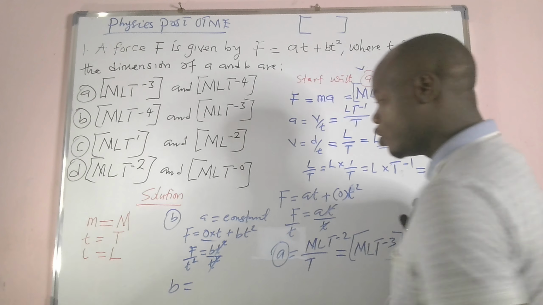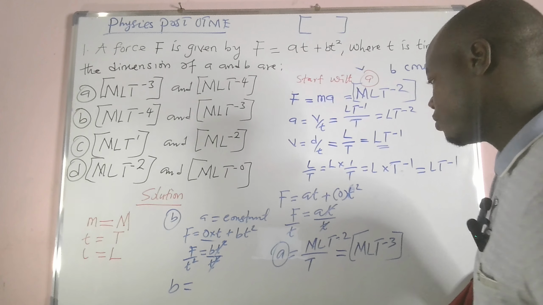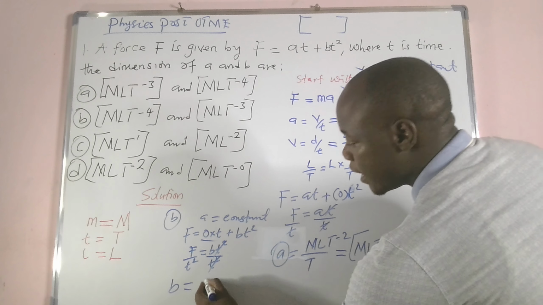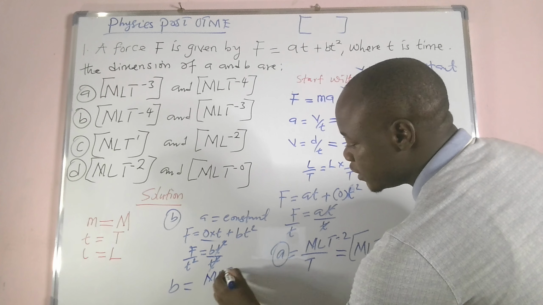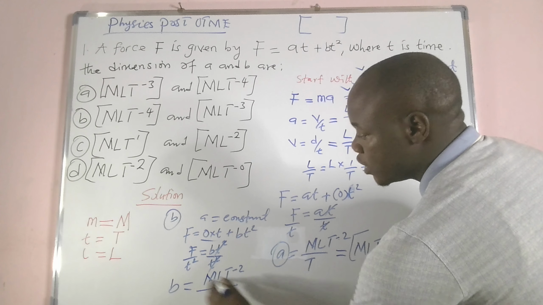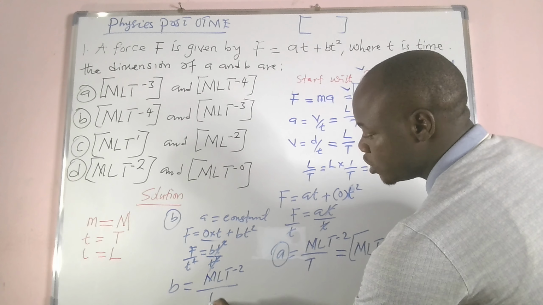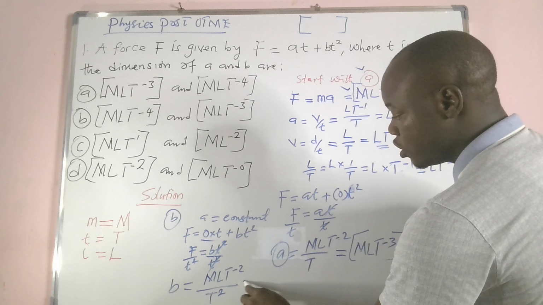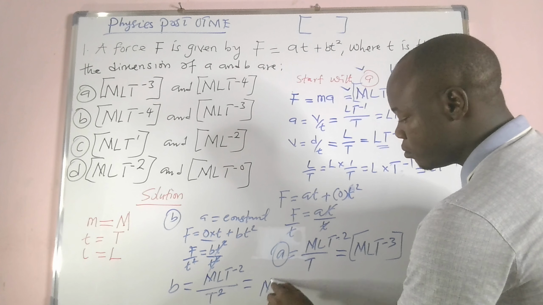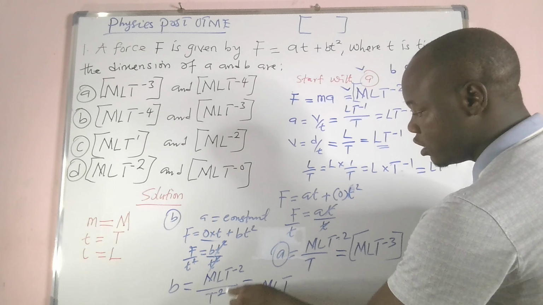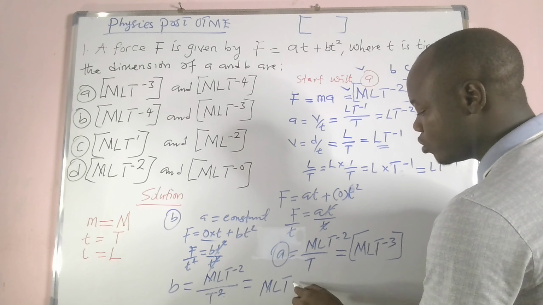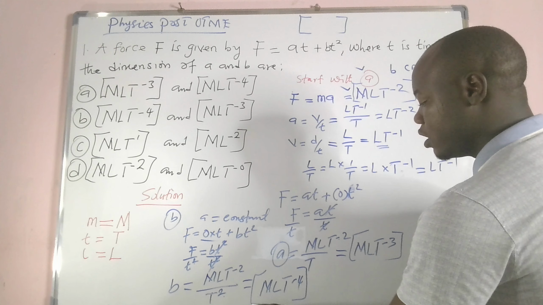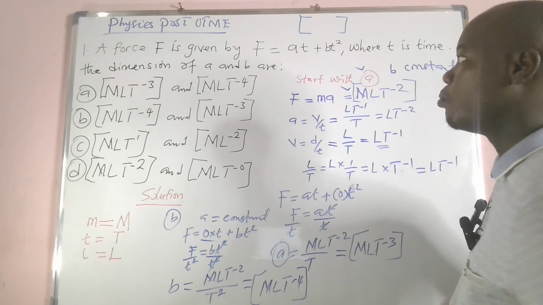B is equal to the dimension of F, MLT⁻², divided by T². The dimension of T² is capital T squared. So B is MLT to the power of minus 2 minus 2, which is MLT⁻⁴. The dimension of B is MLT⁻⁴.